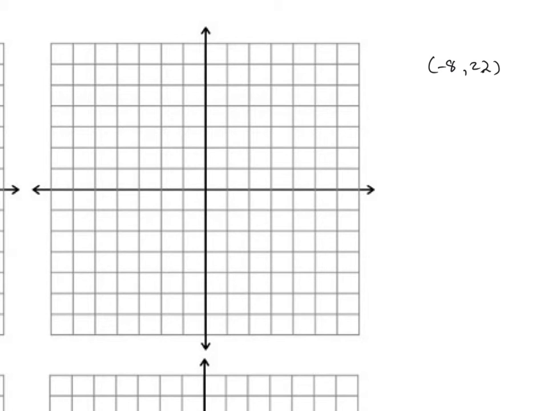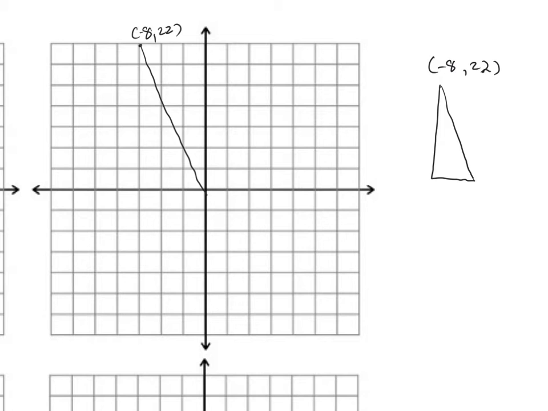So we have negative 8, up 22. This is just a figure, it would be steeper. It would be kind of like this. Let's say this is negative 8, 22, not in exact points. Well, all we have to do now is draw this as our triangle over here, just to give some perspective.